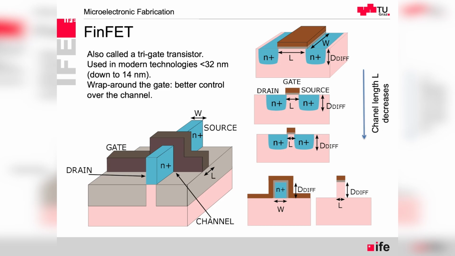So one thing was adding this halo implant with higher doped points at the edge of the implant, of the N+ regions. But the second thing, which was a completely new technology for production of transistors, is this wrap-around gate. What we can see is the N+ regions in this three-dimensional structure, and then the gate goes like that on one side, on top, on the other side, and further.